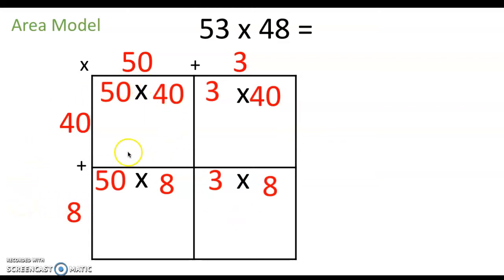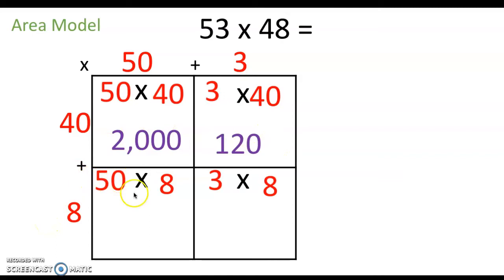Let's start off in this first box just to keep ourselves organized. All right, 5 times 4 is 20. And then we need to add on 2 more zeros, making our answer 2,000. Next, we have 3 times 40. 3 times 4 is 12, plus 1 more zero makes it 120.